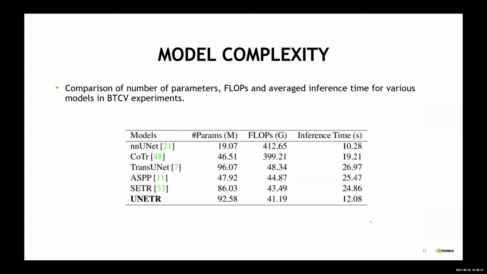This is mainly due to the fact that TransUNet is a 2D segmentation model, so it needs to process slices one by one, whereas our model is a fully 3D model. So you can obtain a full inference in one shot, and you basically save on going through every slice. The same also goes for SETR. We also think that our model is a reasonably sized model in terms of the number of parameters, as shown here.